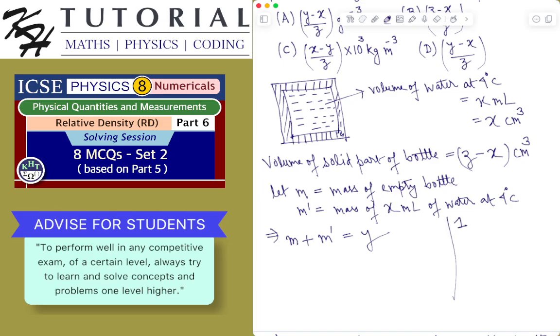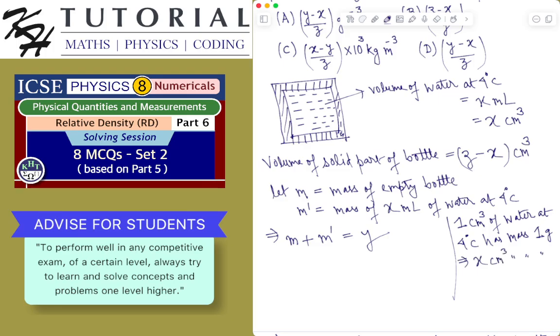Since the density of water at 4 degrees centigrade is 1 gram per centimeter cube, 1 centimeter cube of water at 4 degrees centigrade has a mass of 1 gram, just by using the unitary method.